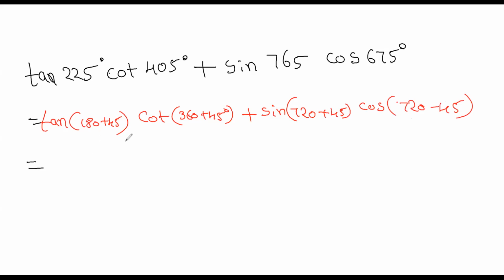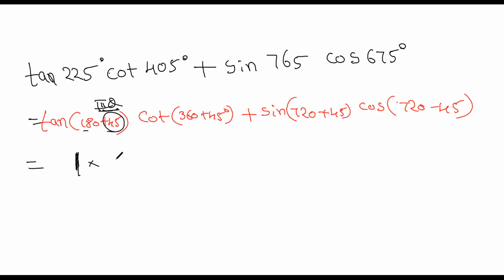What is tan of 180 plus 45? First see the quadrant, then write the trigonometric ratio. It's in the third quadrant, so it will be plus 1.